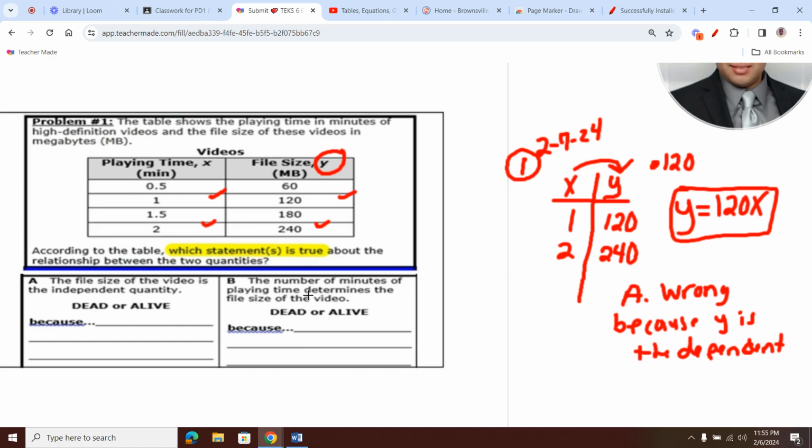Now let's look at B. The number of minutes of playing time determines the file size of the video. Will this side determine this?